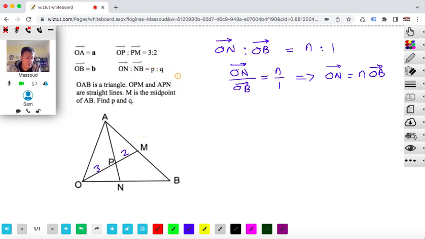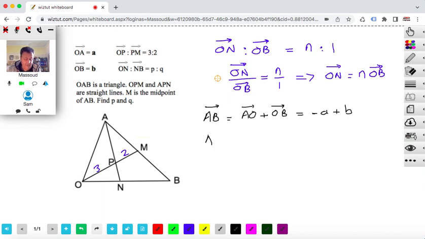Now, let's start by finding AB. AB would be basically AO plus OB, and that would be minus A plus B. It probably would be easier to write it as B minus A, but I'll leave it like that for the moment.